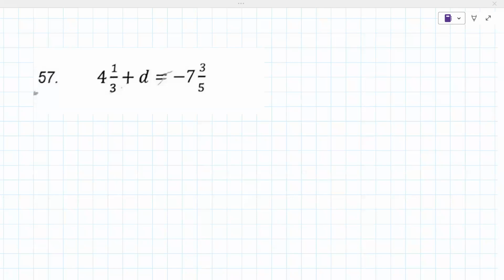Negative 11 and 14/15. I'm sorry, one more time. You said negative 11 and 14/15. Okay, that works. Very good.